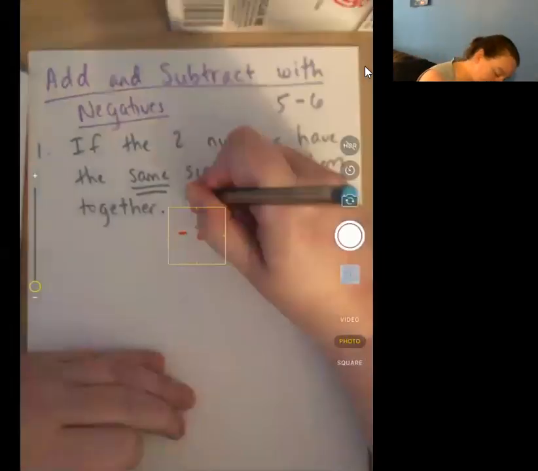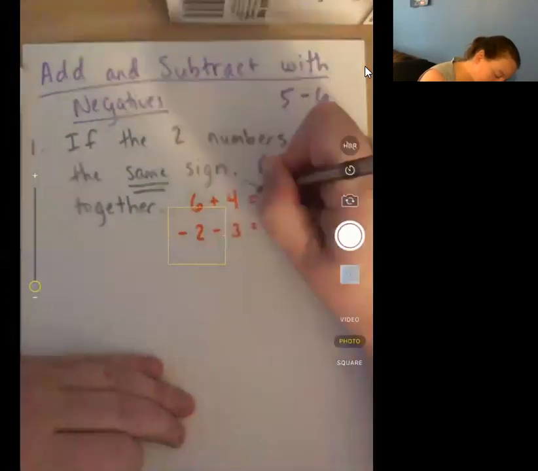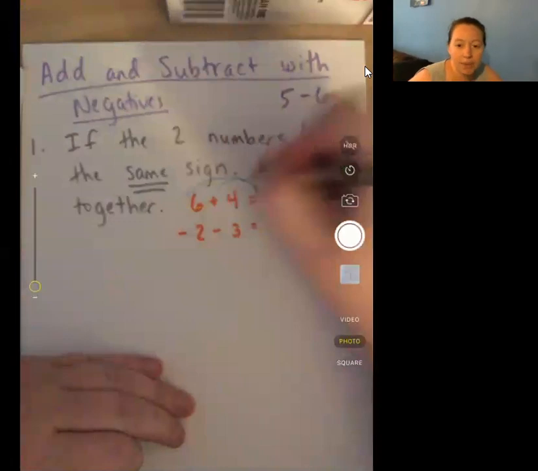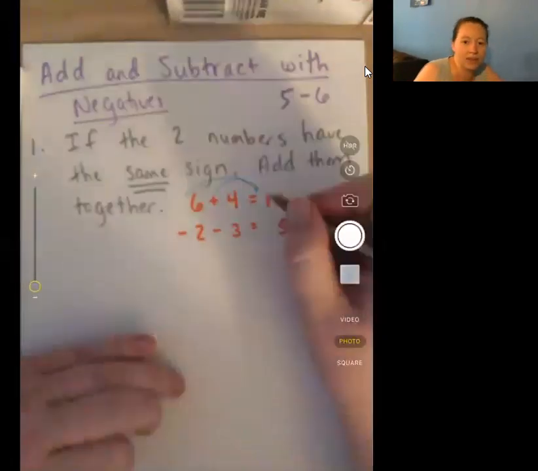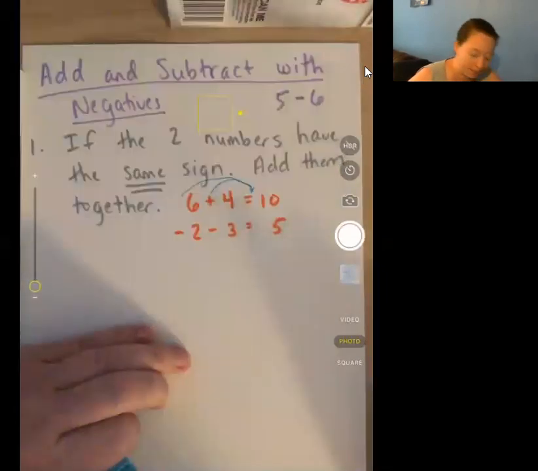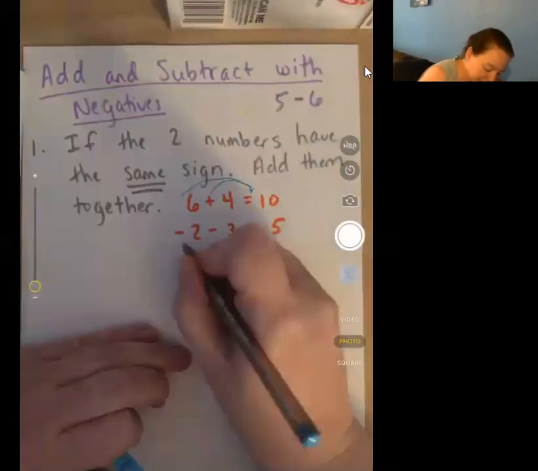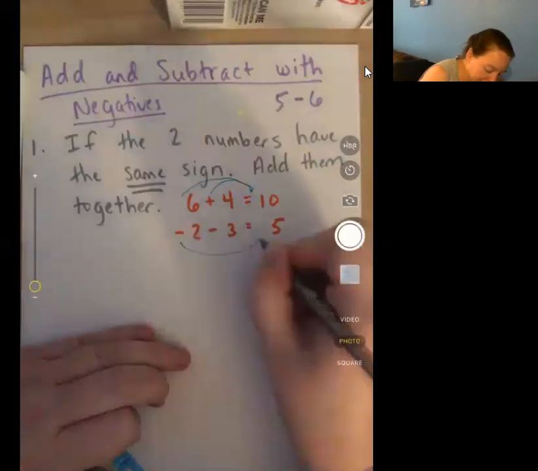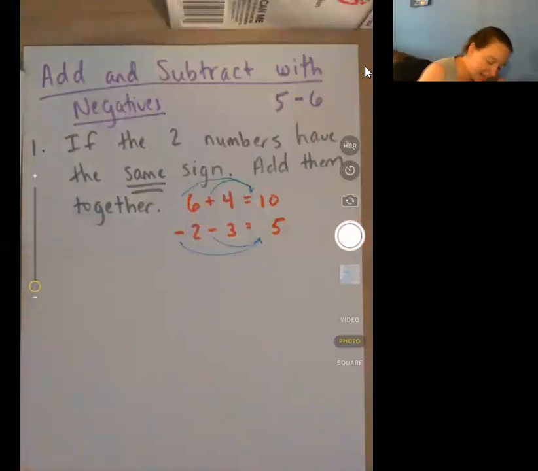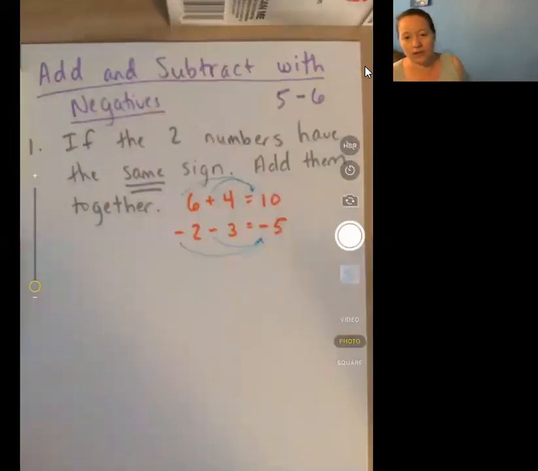So this has a positive sign, even though it's invisible. And this has a positive sign. They're both positive signs, so we end up with a positive sign in front of the 10, even though you don't actually see it. This is a negative sign, and this is a negative sign. So we end up with a negative sign in front of the 5. Do you see that?